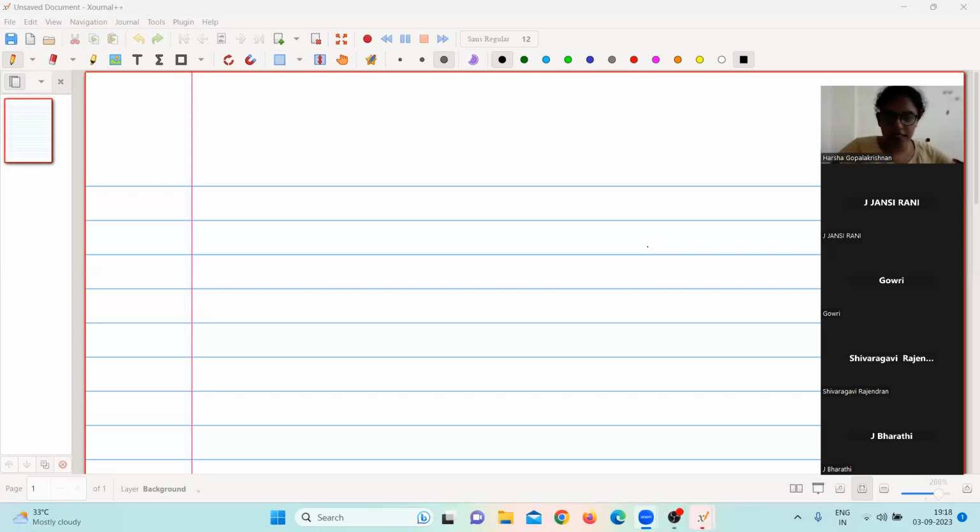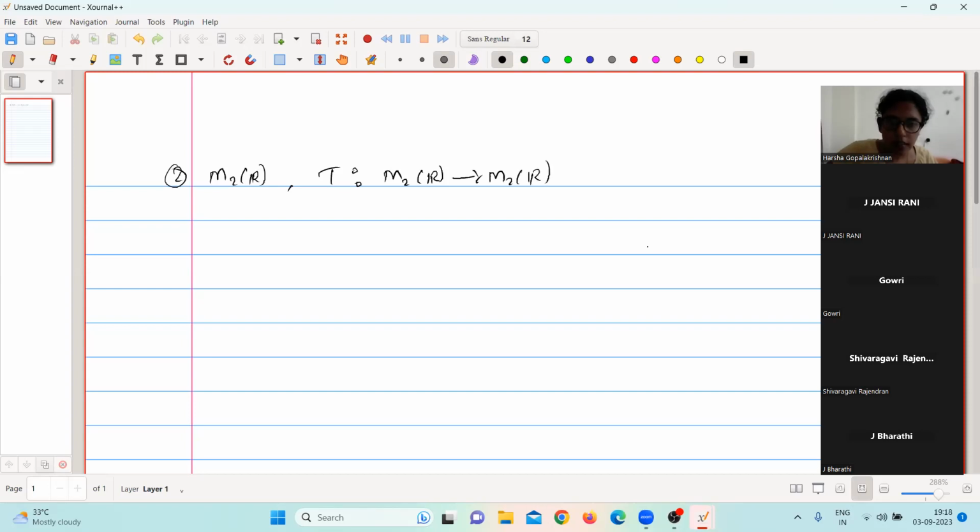Okay, let me write the question once again quickly. So the space was M2R, and the map T was given from M2 of R to M2 of R, and it is given as T of A equal to A minus A transpose by 2.